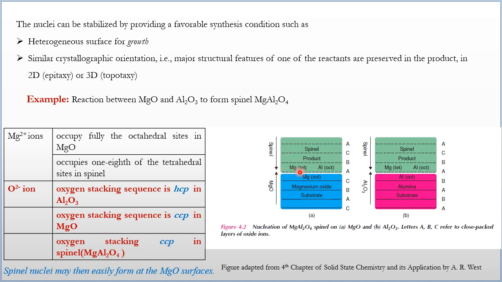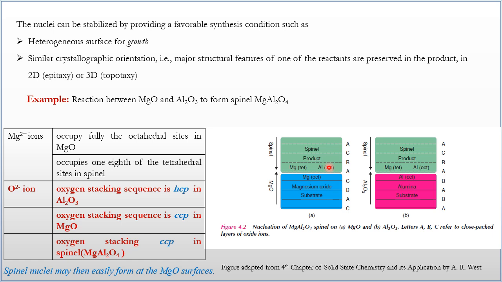Here the magnesium is undergoing a structural change. It is going from octahedral to tetrahedral site, and aluminium, which is already in an octahedral site, will be present in the product in the octahedral site.